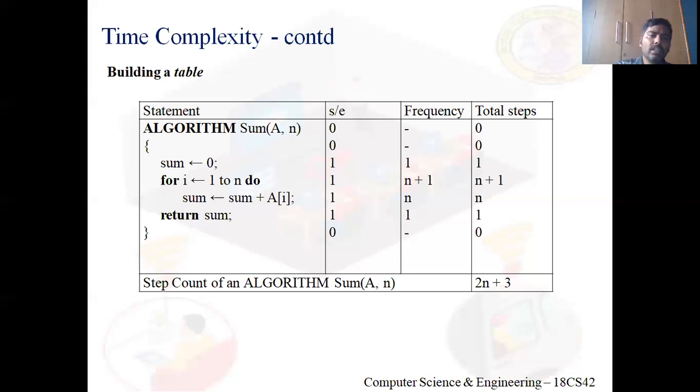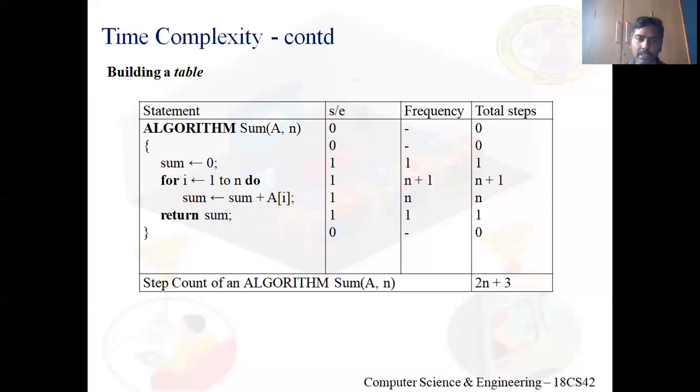Now what about the other two statements, for and sum equals sum plus a of i? First I'll tell you about sum equals sum plus a of i. It will execute for each of the true conditions, I mean for each value of i starting from 1 to n.